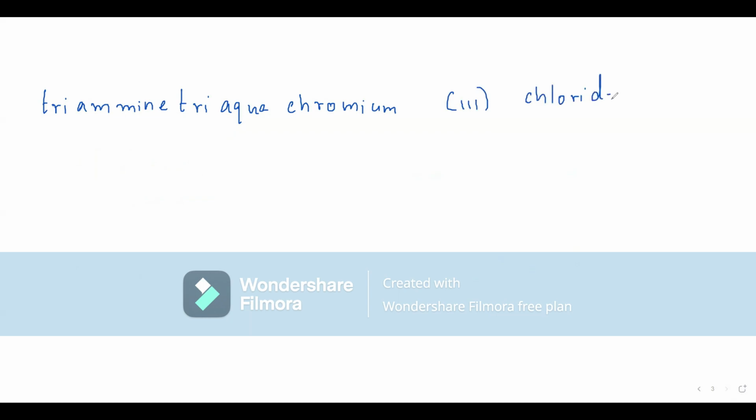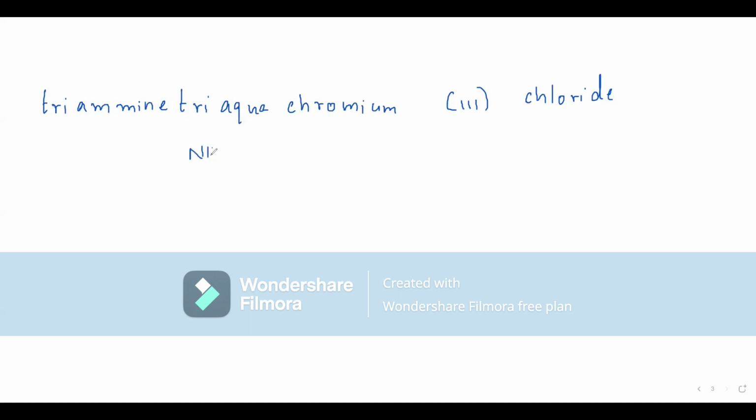Next example, triammine triaqua chromium(III) chloride.